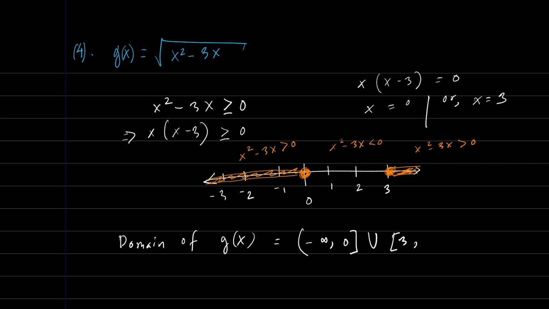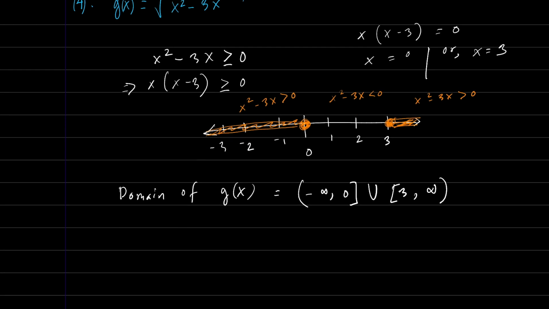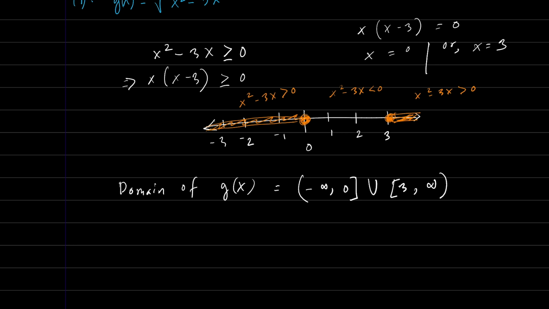So 3 to plus infinity. So this is the domain of this function. For any number in the domain, g of x is never negative. Range of g of x is 0 to positive infinity.